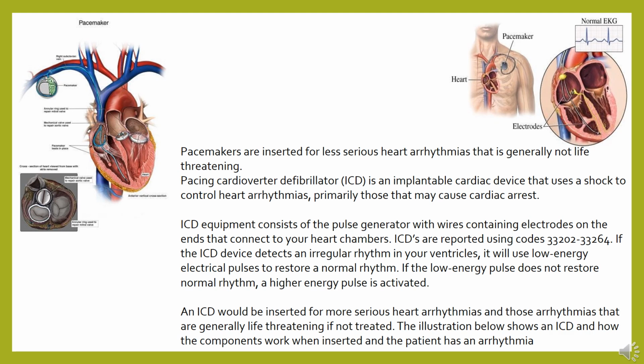If the ICD device detects an irregular rhythm in your ventricles, it will use low energy electrical pulses to restore a normal rhythm. If the low energy pulse does not restore normal rhythm, a higher energy pulse is activated. An ICD would be inserted for more serious heart arrhythmias, and those arrhythmias that are generally life threatening if not treated. The illustration below shows an ICD and how the components work when inserted and the patient has an arrhythmia.